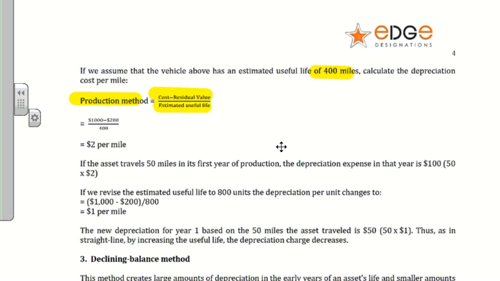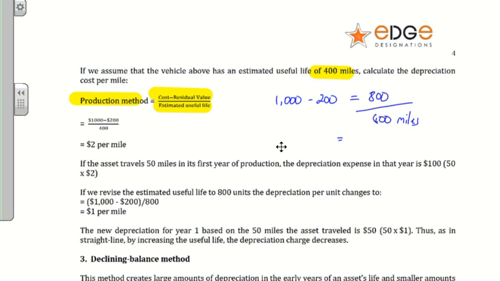So I say, okay, hold on a second, I'm going to take my $800, which is my $1,000 cost price less residual value. There's my $800, the depreciable amount. I divide that by 400, but now it's not a life, it's 400 miles.